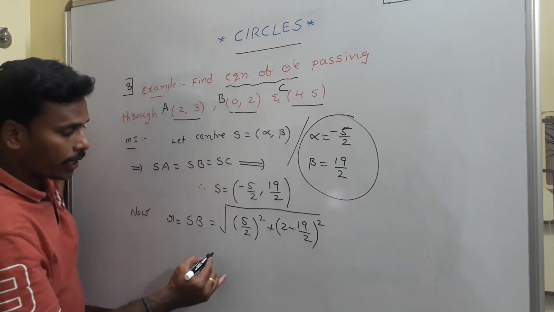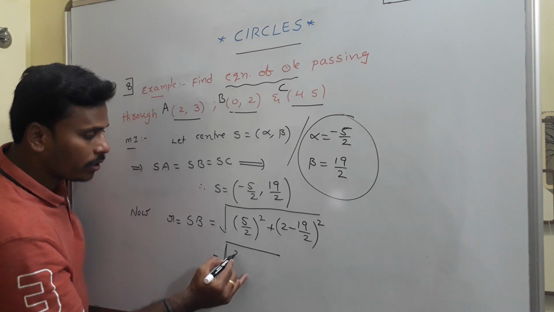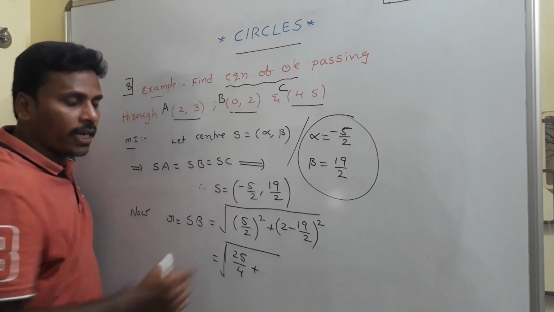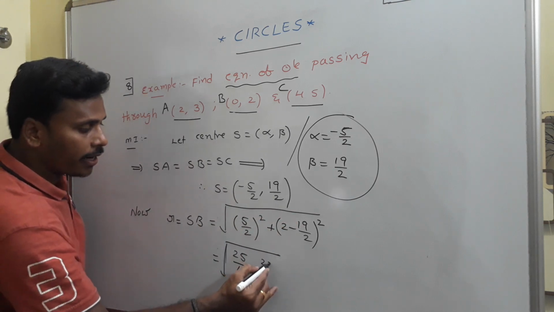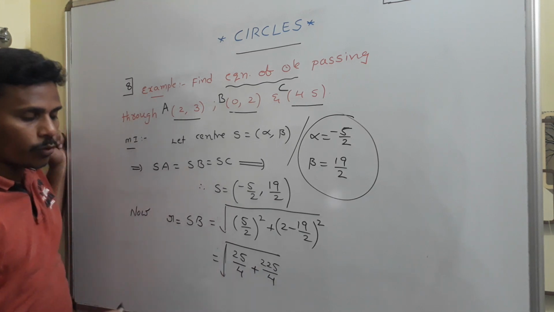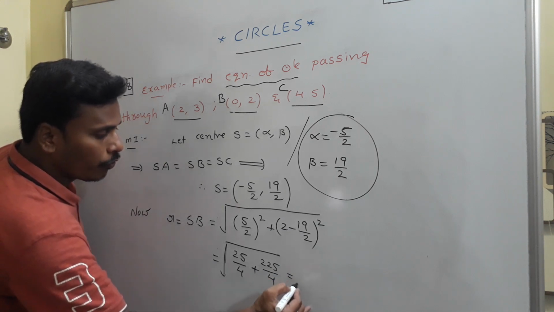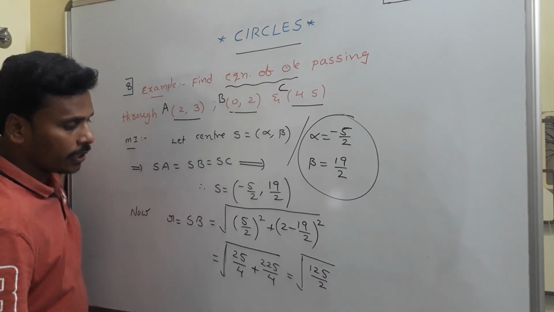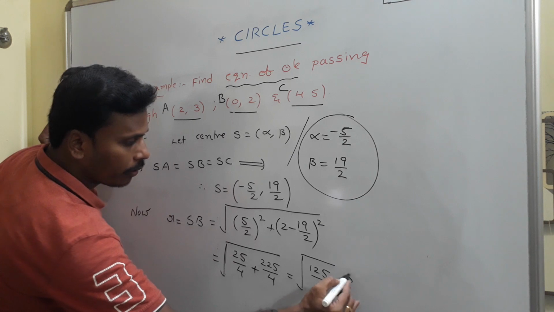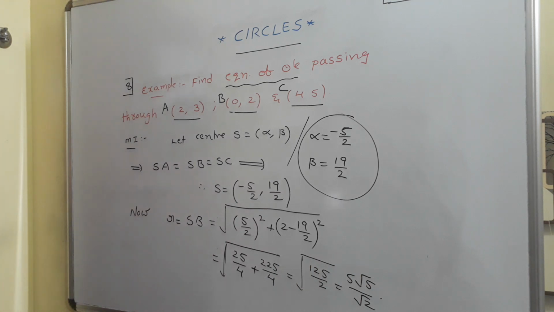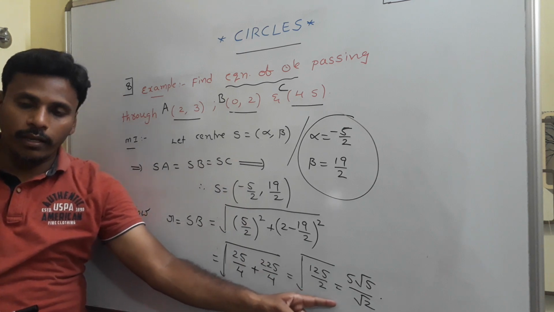Under the square root, this is 25 by 4 plus (4 minus 19 is minus 15) its square, 225 by 4. 225 plus 25 is 250, right? 250 by 4 is 125 by 2, and the radius is root of 125 by 2, which means 5 root 5 by root 2. The center is minus 5 by 2 and 19 by 2, whereas the radius is 5 root 5 by root 2.